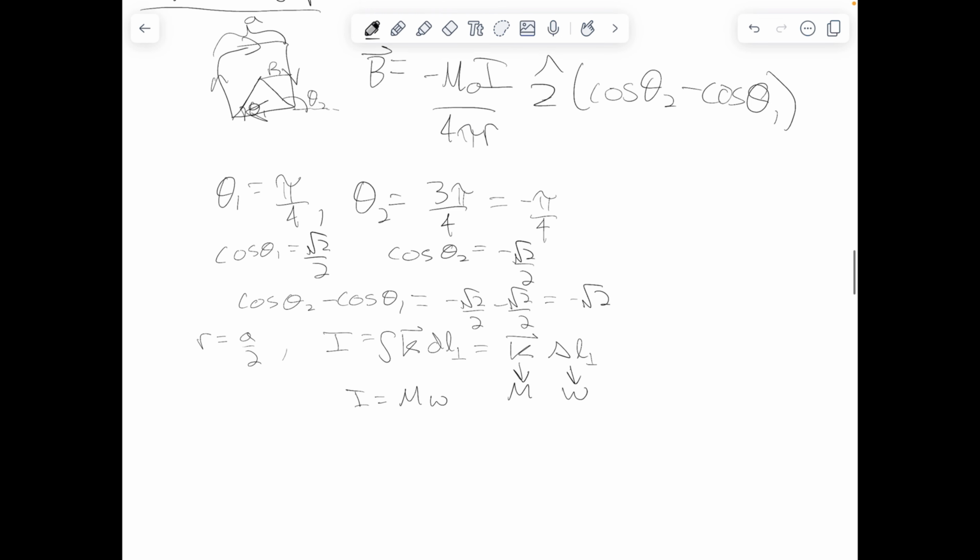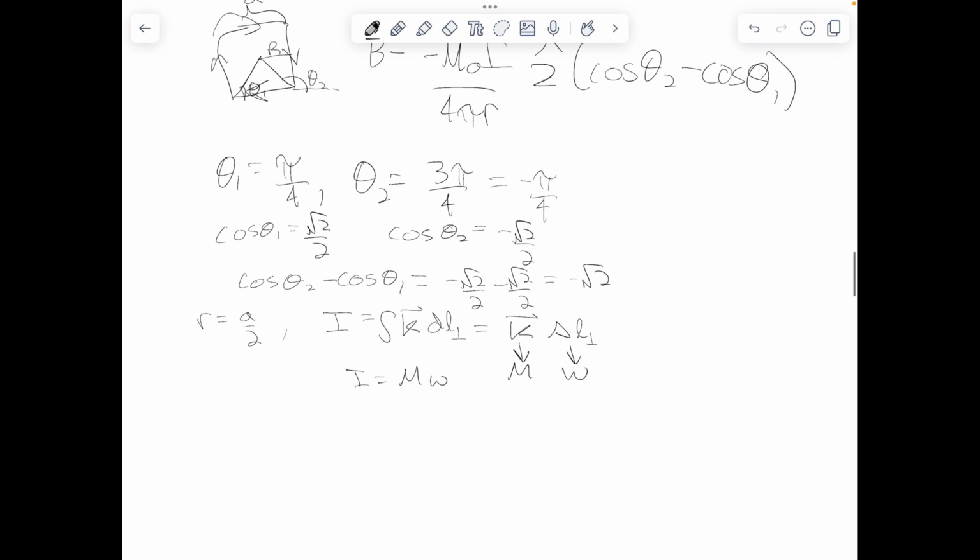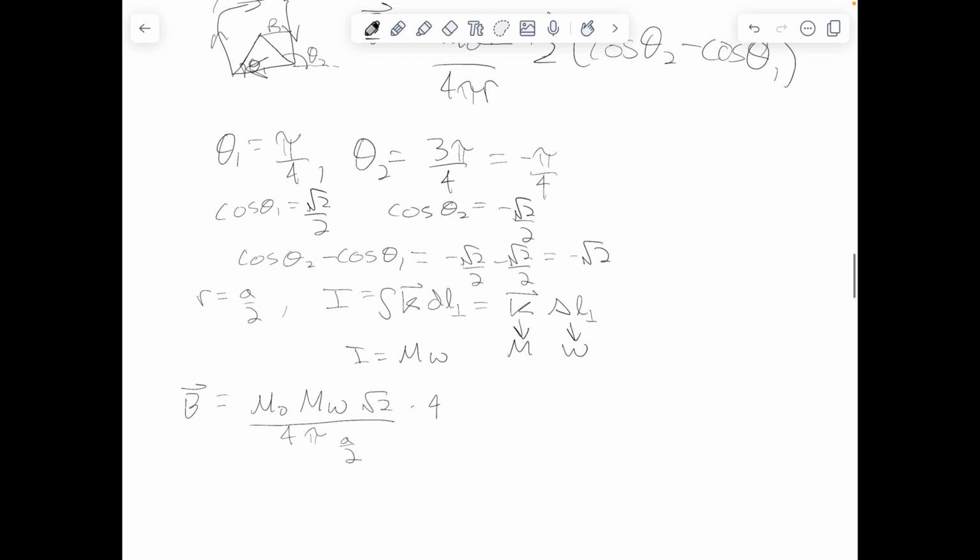So plugging all of that into our magnetic field equation, we get that B equals mu naught, our negatives are going to cancel, times M w times root 2 over 4 pi times a over 2. I'm also going to multiply by a 4 here because we have to do this for all 4 sides of the square.